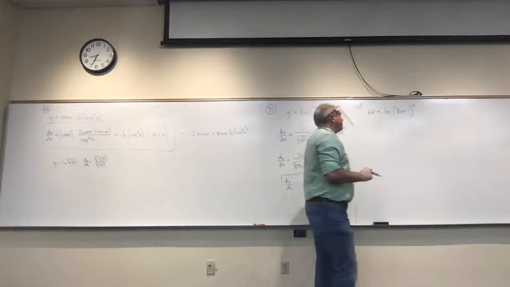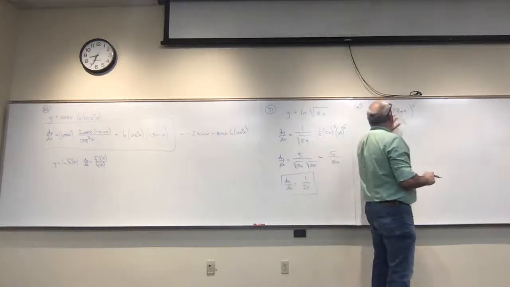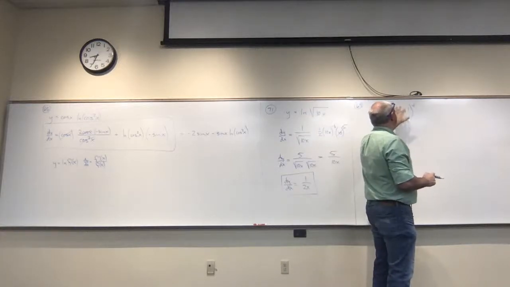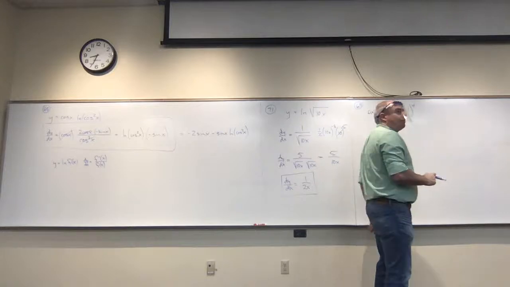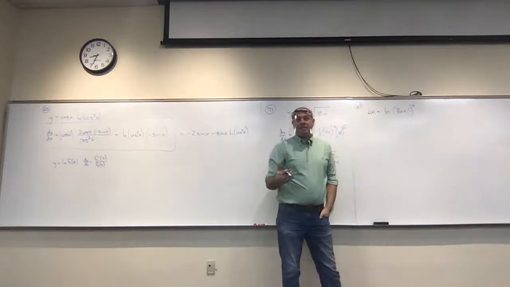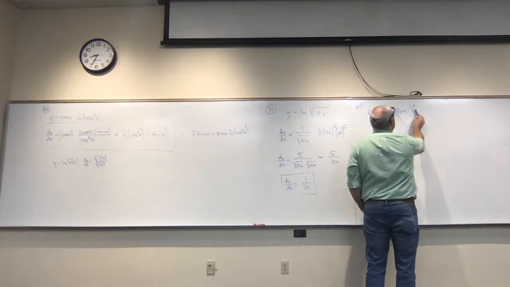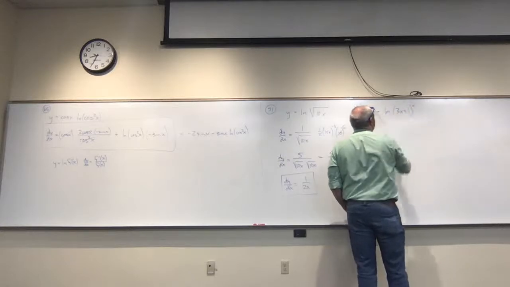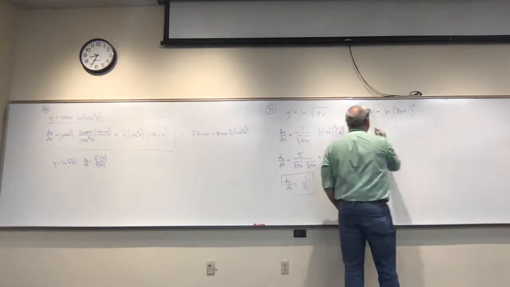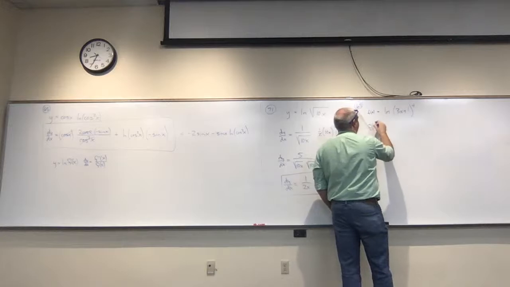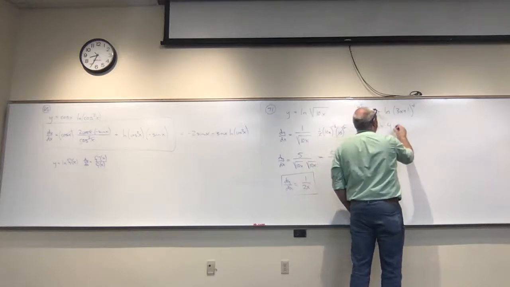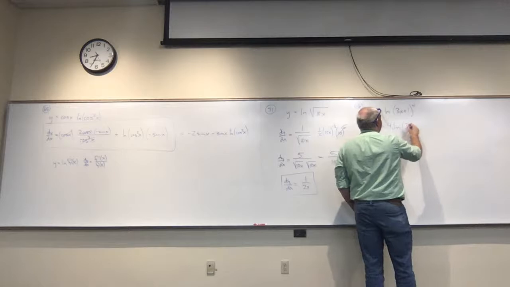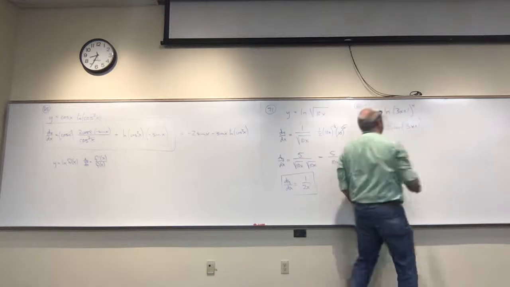Okay, so there are 2 ways that I could go about it. I could just take the derivative of it as is because it's just ln of something. But if I want to make it a lot easier on myself, what I would do is I'd say you could take that 4 and move it out in front of the ln first. So you could say that f of x is also equal to 4 ln of 3x plus 1.